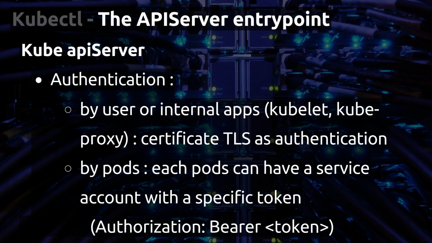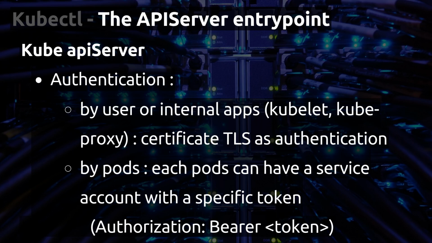Now just a little focus on authentication. Authentication can be done outside of the cluster by a user, for example you or me, or by an application. If you use a Python script with a Kubernetes library, you need to send the HTTP request, but you need to have an authentication step.